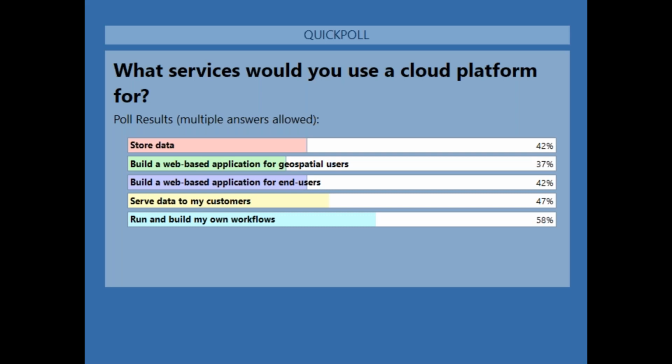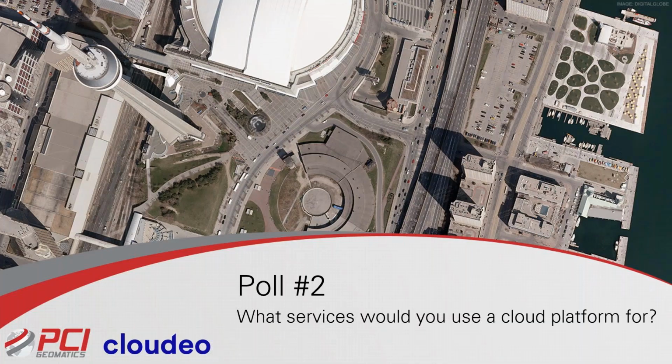And then there's also a number of people who wish to build a web-based application, either for geospatial end users or for the final end users, such as someone in the agricultural industry or mining industry. So thank you once again for taking the time to enter in your poll answers. And we will continue on with the demonstration.